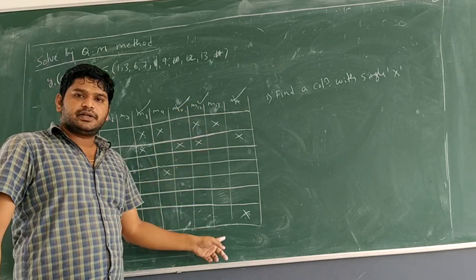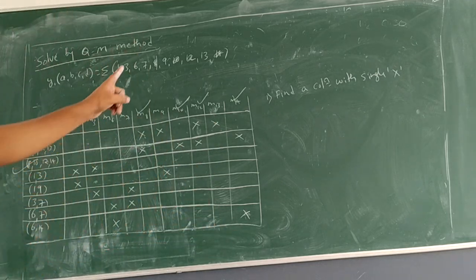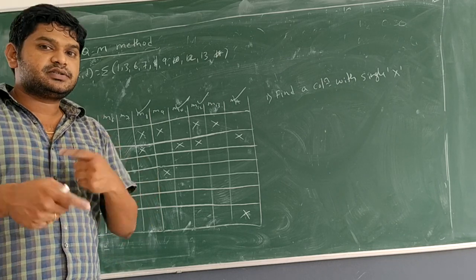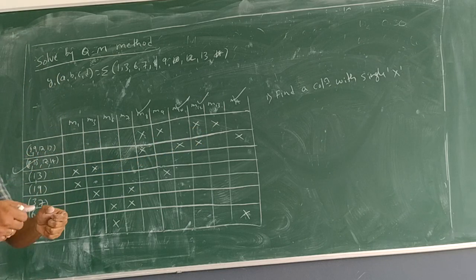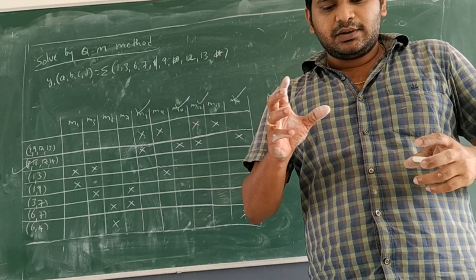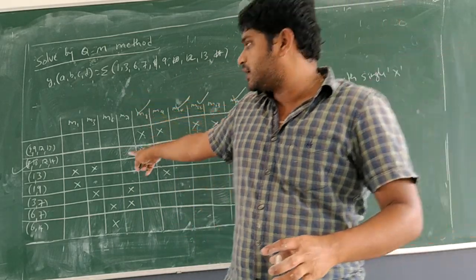Neglect. Come to M30. It also has a single X. A single X means you will get some advantage. What is the advantage? You have to take that. If it is a single X, it means ball 13 is nowhere present apart from that bag, which is bag number 1.